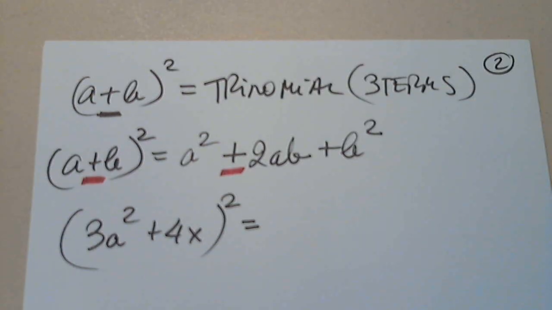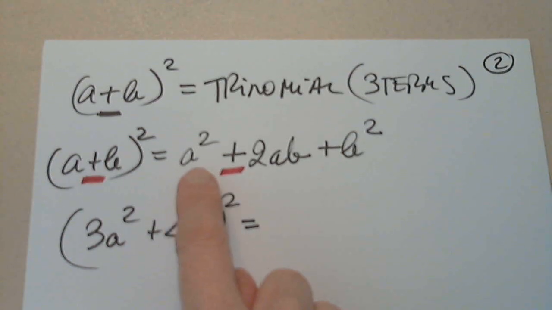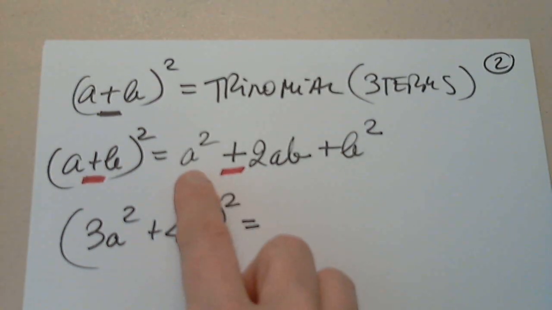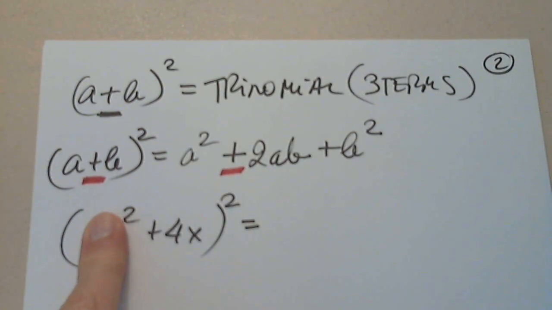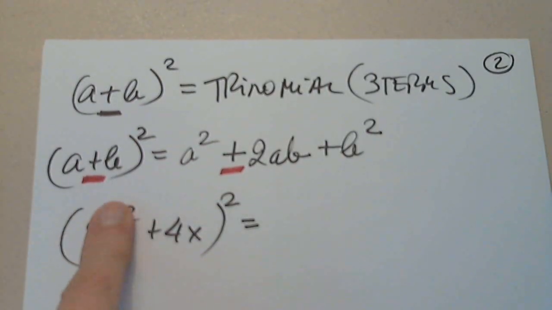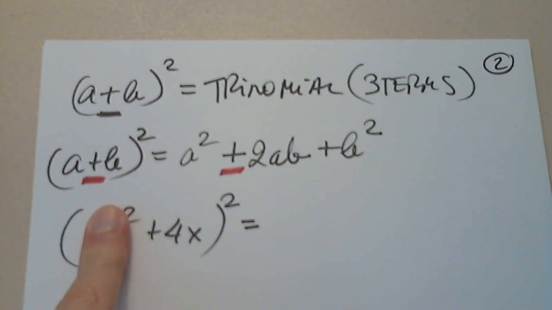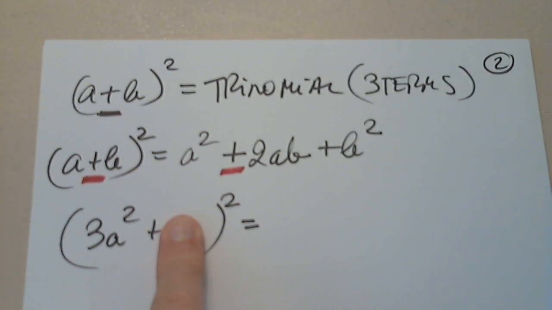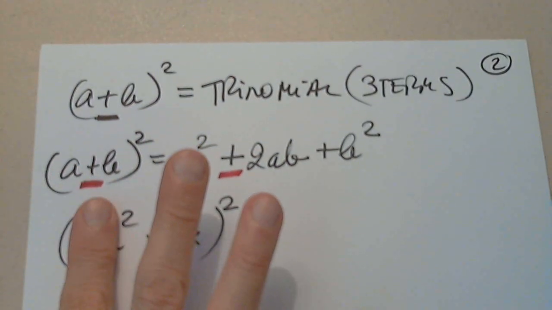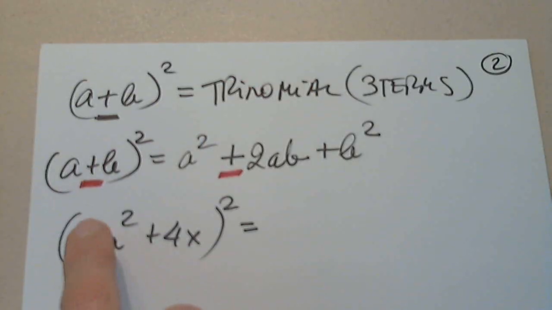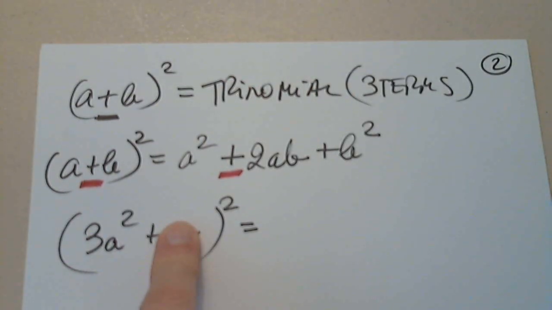I must write 3 terms. This will follow this pattern where the first term is this. That's why we study the exponential rules. So we are able to square this in a blink, because we studied the exponential rules. So the first term squared plus 2 times the first times the second plus the second term squared.